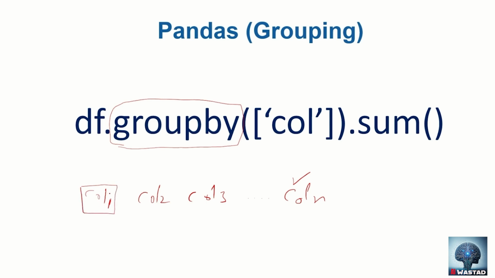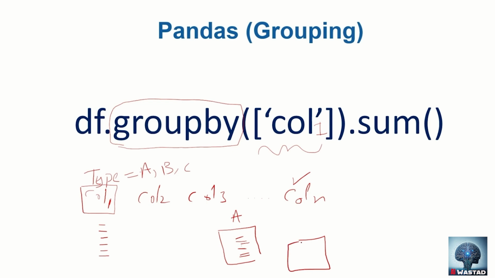Let's say column 1 is just the type of a particular product, and the total types are just A, B, and C. When you apply this group by with respect to column 1, all the records of type A will combine here. All the records of type B will combine here.